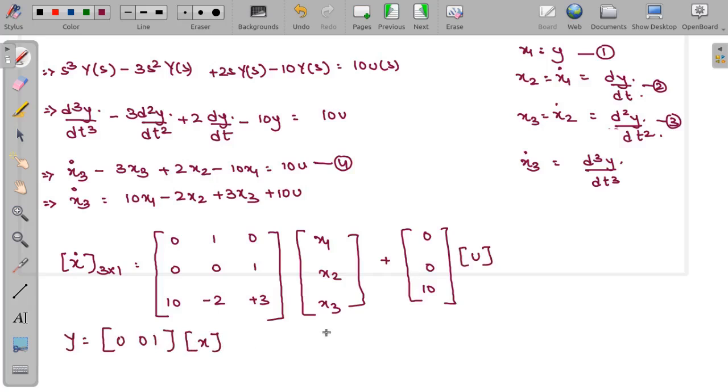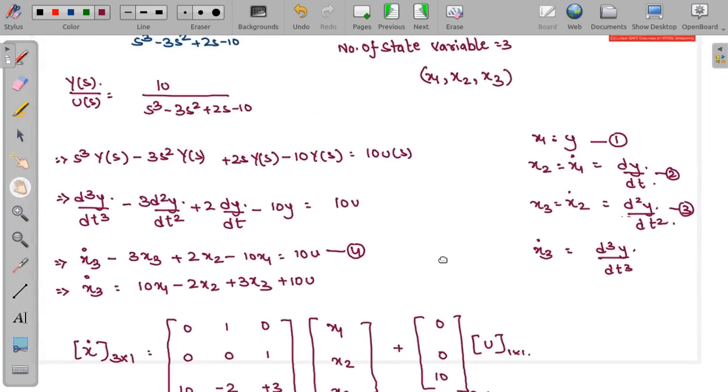Okay, so this is how we write. So this is 3 cross 1, this is 1 cross 3, this is 3 cross 3, 3 cross 1, 3 cross 1, 1 cross 1. Now you can see we have got this.